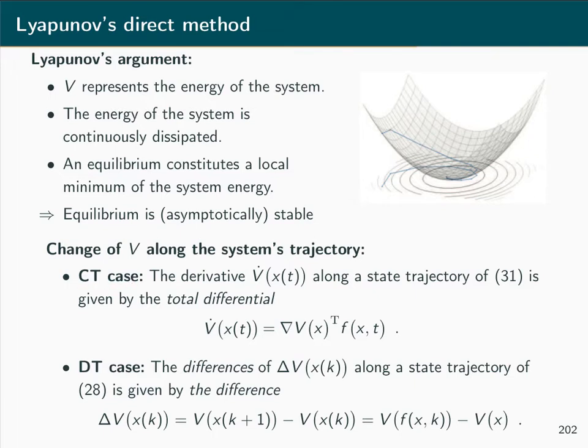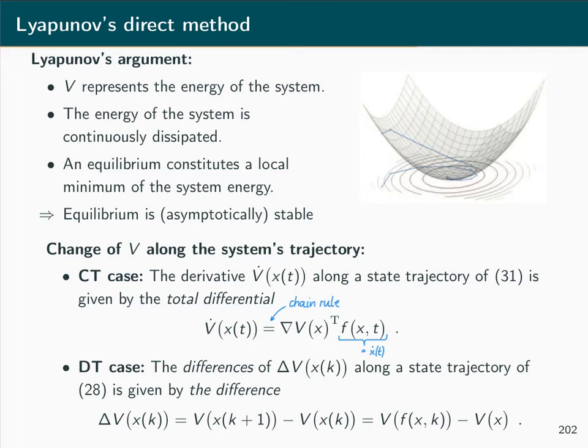In the continuous time case, this puts a condition on the derivative V dot of x of t along the state trajectory x of t of the system 31, which is given by the total differential, the gradient of V of x transpose times f of x and t. Note that here we have used the chain rule for V of x of t, and f of x and t represents x dot by the state equation 31. What we need, of course, for the energy to decrease along the system trajectory is that V dot of x of t be negative.